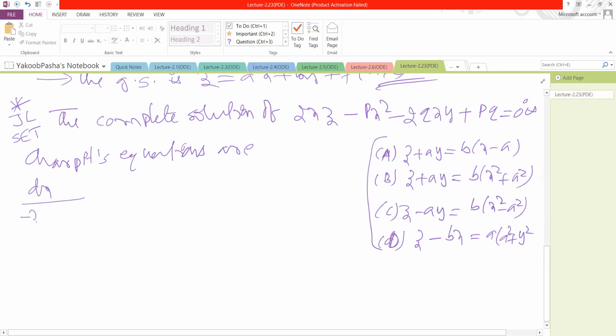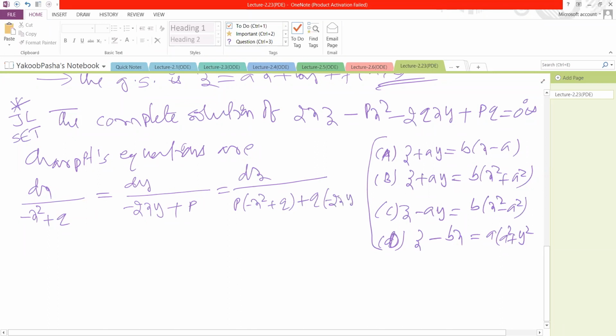So minus x square plus q, first term, dy by f_q. f_q means minus 2xy plus p, that is equal to dz by p f_p, p into (minus x square plus q) plus q into (minus 2xy plus p), that is equal to dp by minus of (f_x plus p f_z).